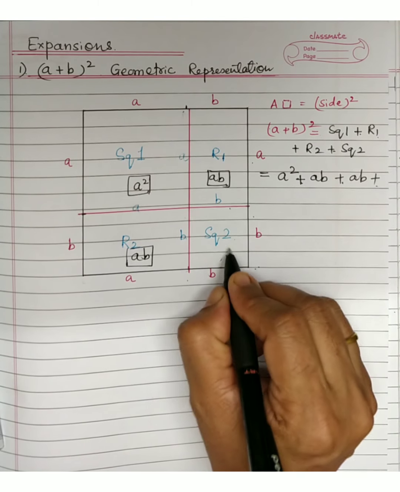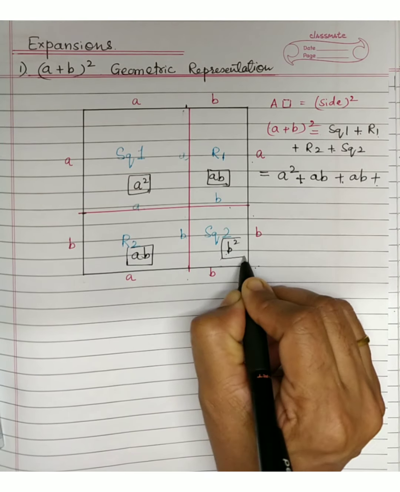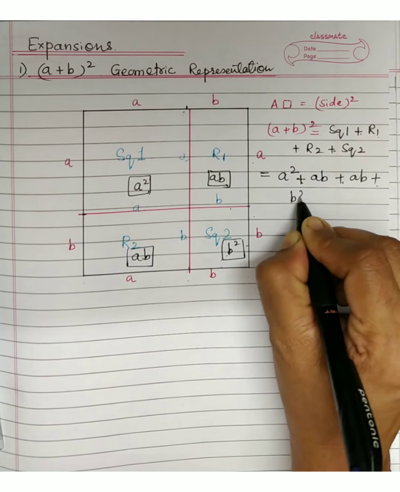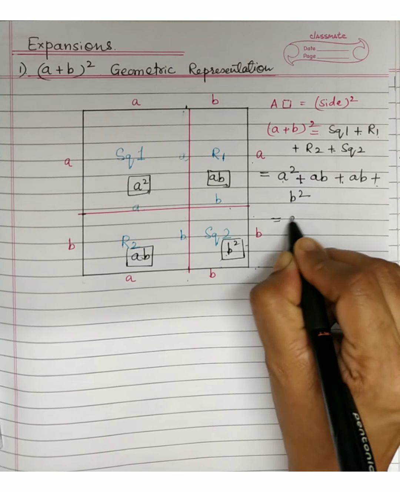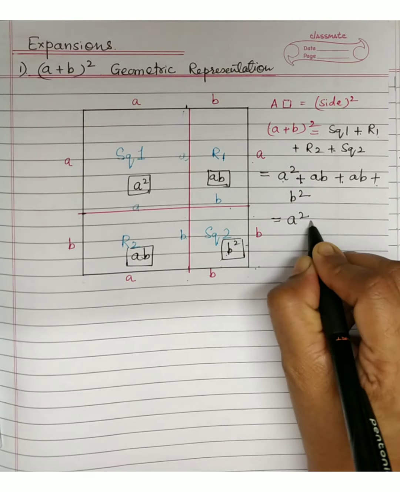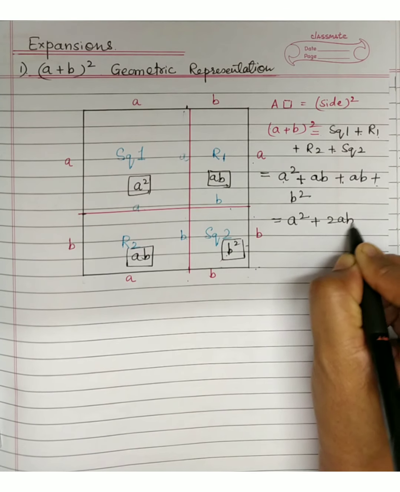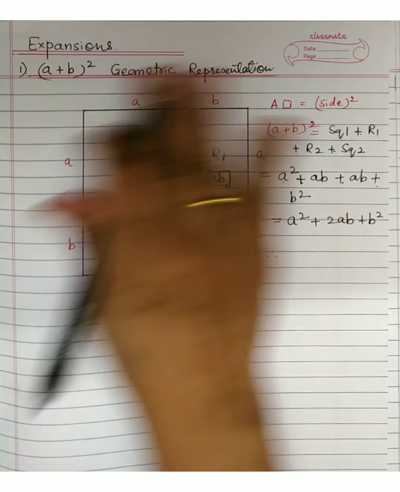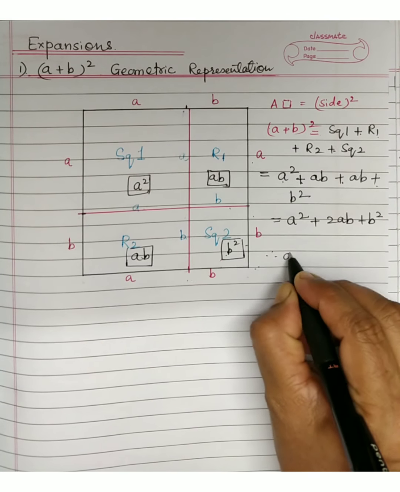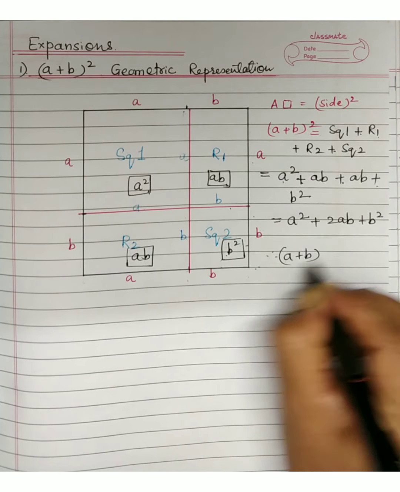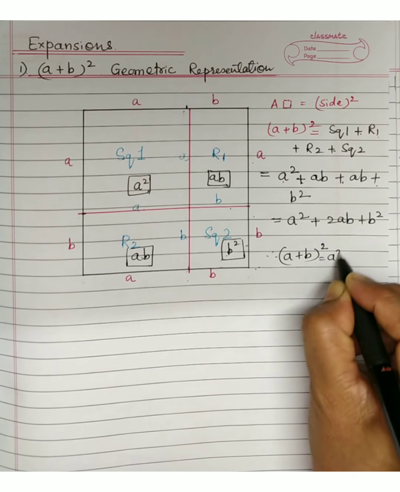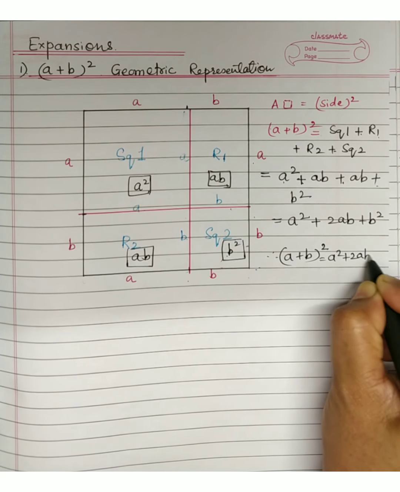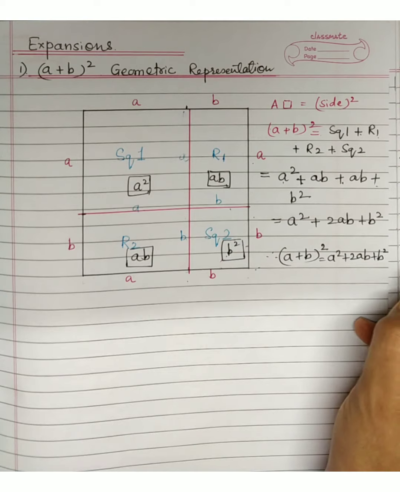Its side is b, so its area will be b square. So plus b square. What has come? a square plus ab plus ab, 2ab, plus b square. So you have shown that (a plus b) the whole square is a square plus 2ab plus b square.